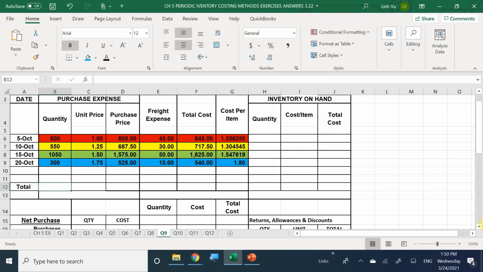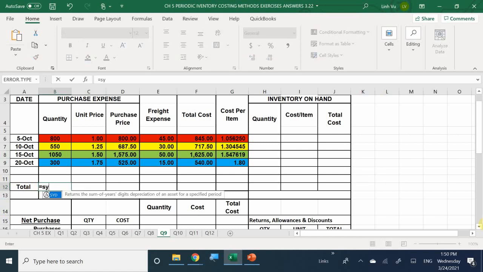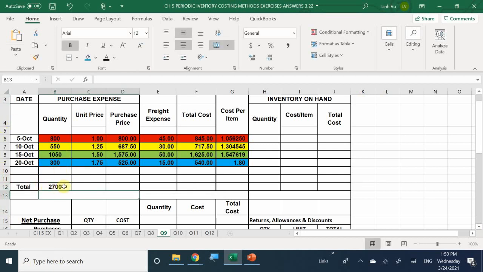Okay. So let's go ahead and tally up our totals here since we reached the end of the given period. In this case, what is my total sum of quantity that I originally purchased? 2,700, okay? And then at what total purchase price? 35,750. Perfect.